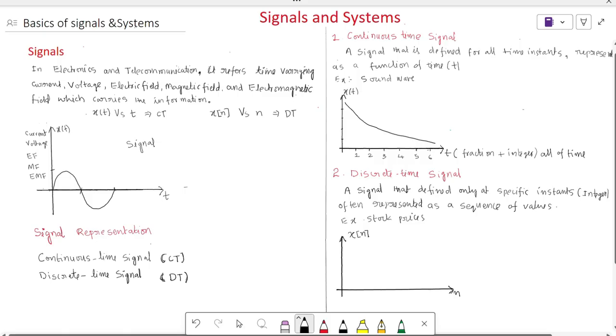So it is defined, so it should have the magnitude for integers only. It doesn't have for fraction of the time, is it? So 1, 2, 3, 4, 5, 6, is it? So integers, the values of time, 1, 2, 3, 4, 5, is it?